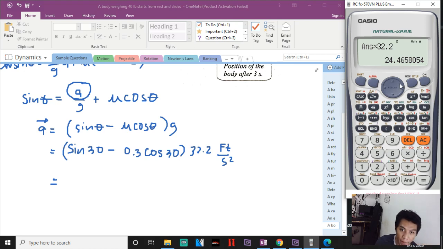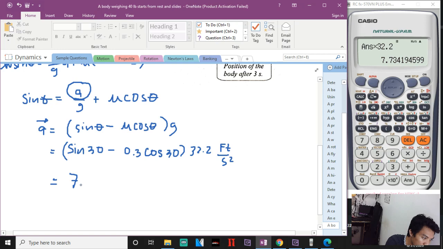May mali ako. Minus pala. Kalukuhan. Okay. Times 32.2. Yan. Okay na. So, 7.734 feet per second squared. So, you have your acceleration na.